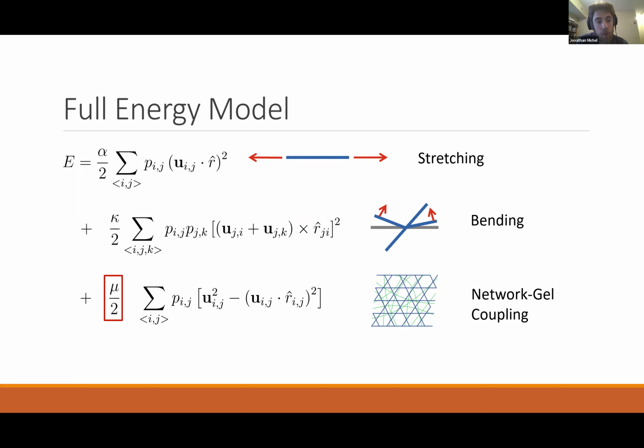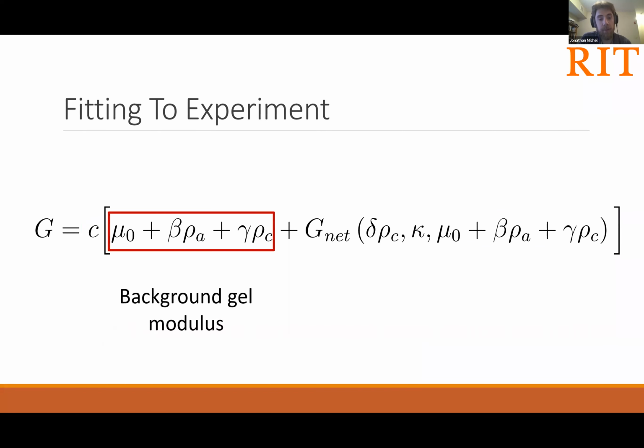And so then we have kind of a simple scaling model for what this should be in terms of the concentration rho A of aggrecan, which we're using as a little bit of a proxy for the other constituents of the gel, and the concentration rho C of collagen.